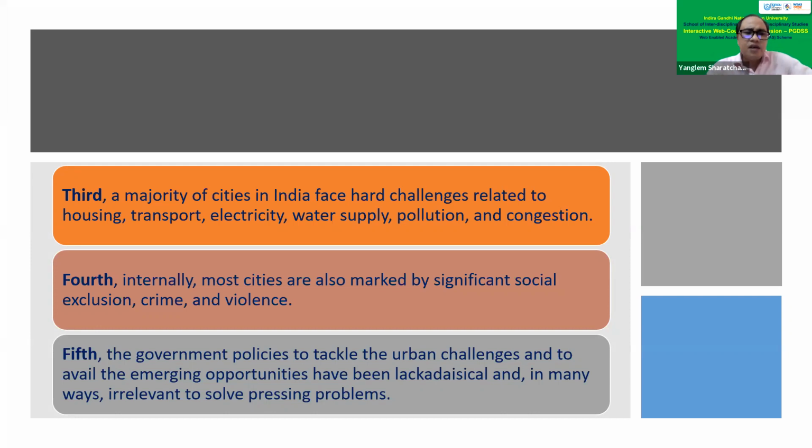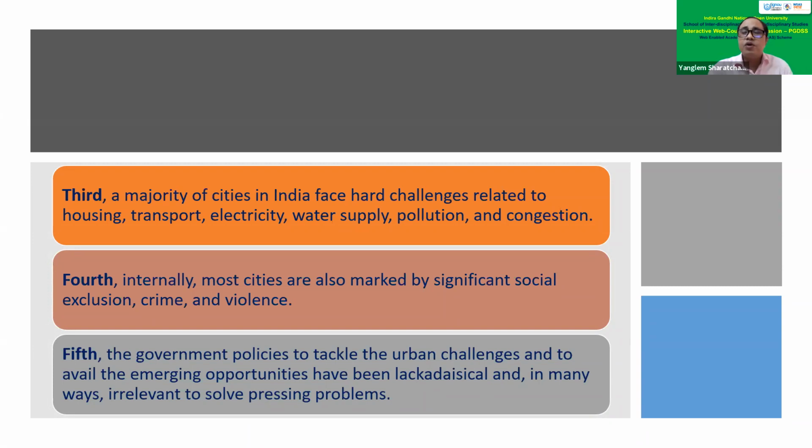Then fourth is social exclusion, crime, and violence, happening because of immigration and the cultural divide. That cultural complexity has one side of benefits and advantages. The other side of the coin is that it created a process of social exclusion, and sometimes crime and violence.